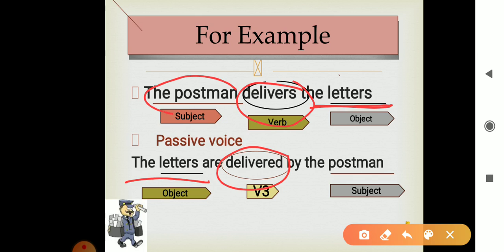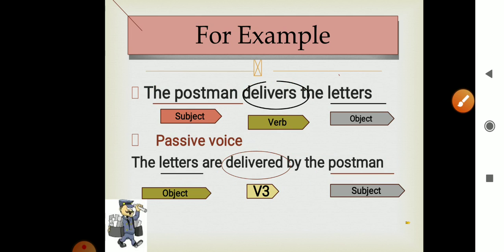Then this is the subject, and that subject we have to place at the place of the object. Here we have used the preposition by. So in the passive voice we have to add the preposition by to connect our sentence.